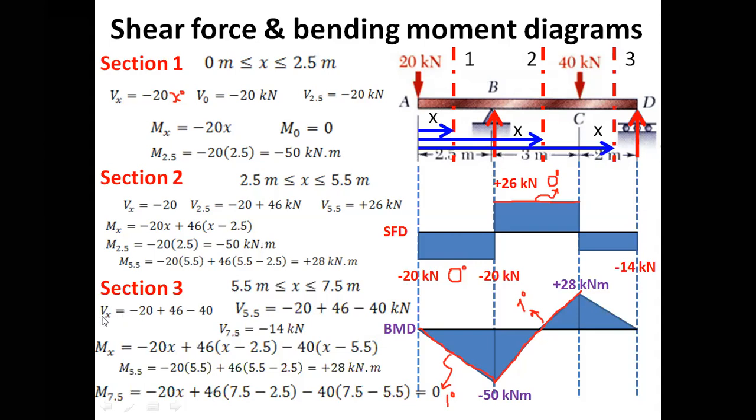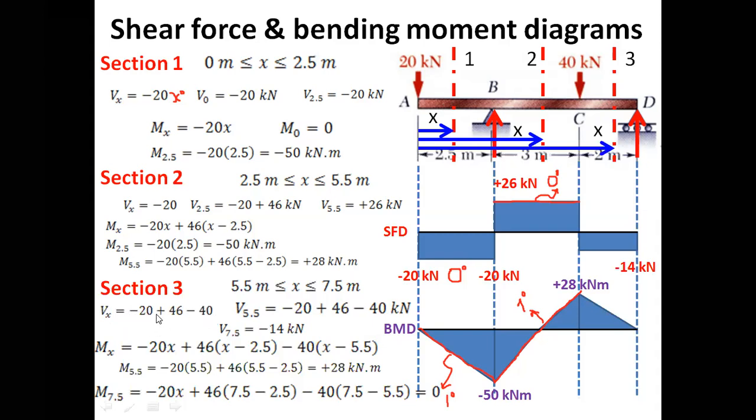So summation of all of the forces, Vx is equal to: forces which are acting downward are negative, so minus 20. Forces which are acting upward must be positive, plus 46, and minus 40 kilonewton. So this is the general equation of shear force for section 3.